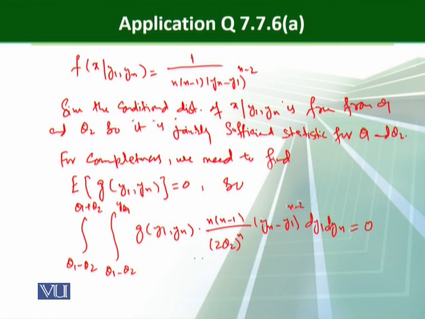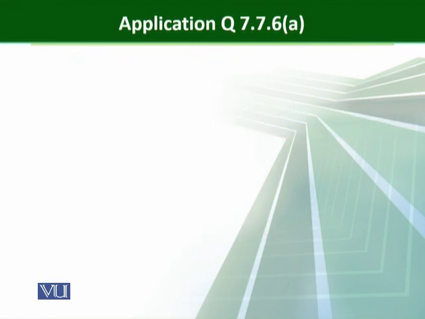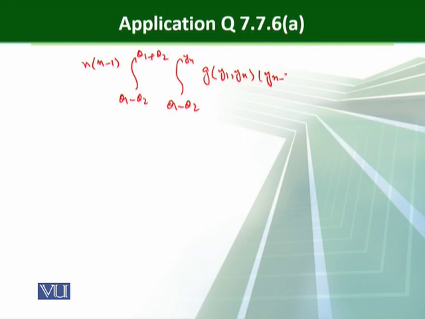Multiplying both sides by 2 theta 2 raised to power n, it will vanish. So the net integral will be n into n minus 1 into the integral from theta 1 minus theta 2 to theta 1 plus theta 2, into the integral from theta 1 minus theta 2 to yn, of g of y1, yn into yn minus y1 raised to power n minus 2, dy1 dyn, and that is equal to 0.